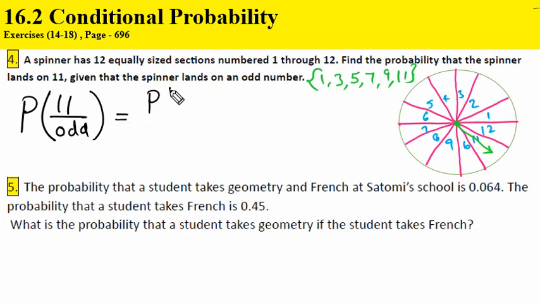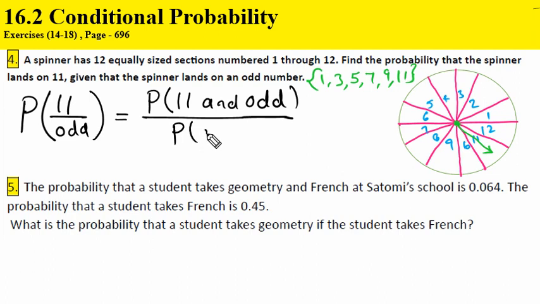So probability of 11 and odd number, divided by probability of odd. That's how you do the conditional probability, right? The probability of landing on 11, let's say event A, given that it is landing on an odd number, that's event B. So that's how you will use the conditional probability.